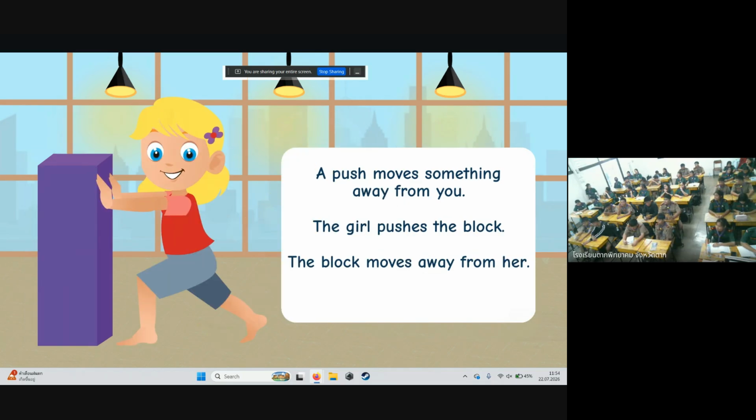And the push is moving something away from you. This girl is pushing the block, and the block will move away from her. Push, pull to us, push away from us.